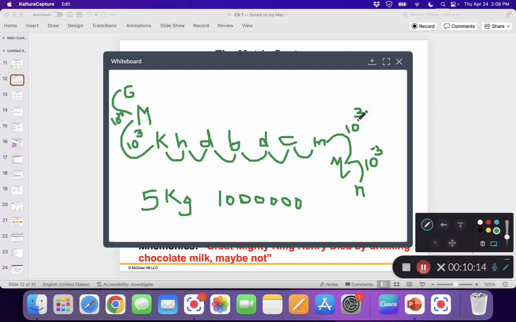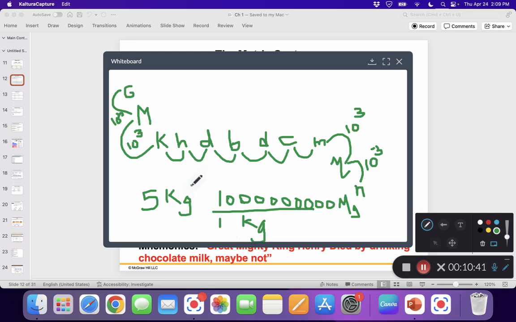And then I have 3 zeros here, right? 10 to the power 3. Multiply by those. That will give you 3 more zeros. That many microgram are there in 1 kilogram. Okay, that is how we convert the kilogram into microgram.